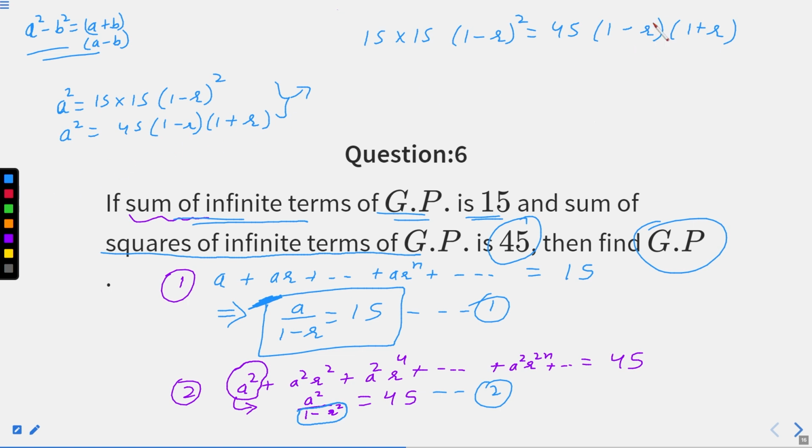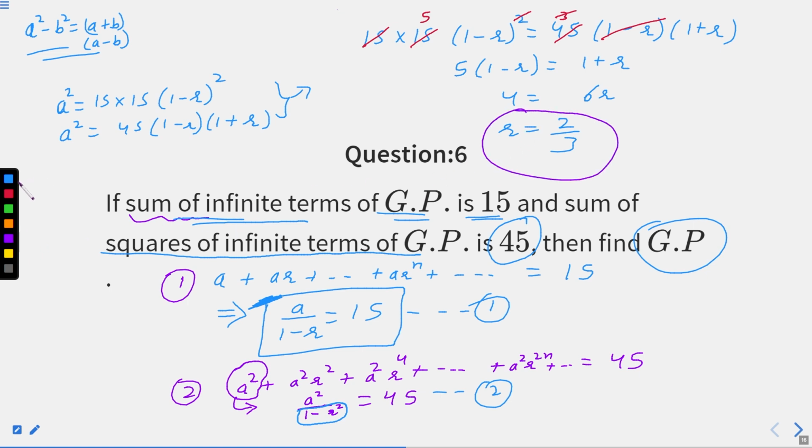So I can cancel them out easily. 15 times 3, now 3 times 5, so it is 5(1 minus R) is equal to 1 plus R. Simplifying more, 5 minus 5R is equal to 1 plus R. Taking R to the right side gives 6R, and taking the constant to the left side gives 4. So the R value is 2 by 3.